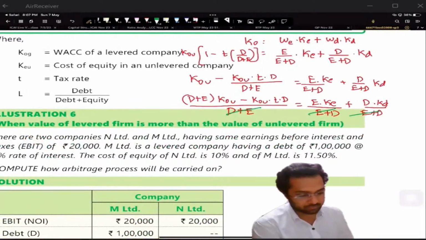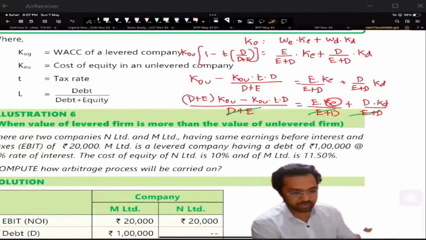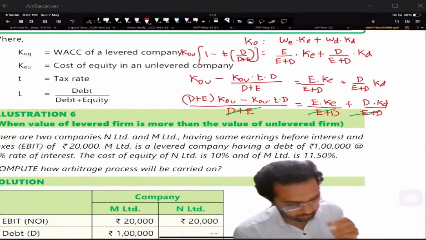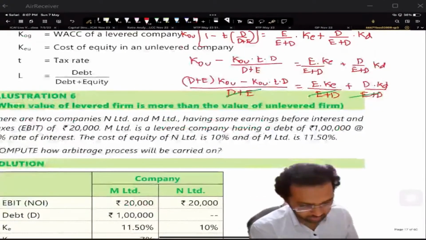Right? And once we have cancelled, I just want the K on one side and the rest all on the other side. So let's try to put it up on the other side.